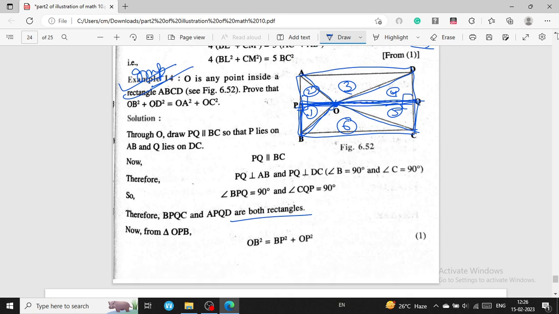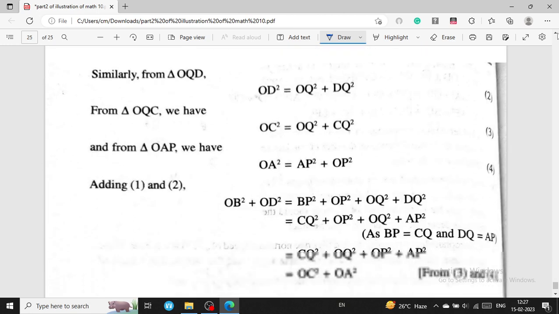Now first we take the first triangle OPB. Hypotenuse square is equal to base square plus perpendicular square. OB square is equal to BP square plus OP square. This is the first equation. From triangle OQD, we find OD square is equal to OQ square plus DQ square.